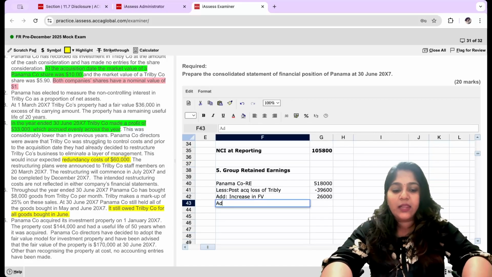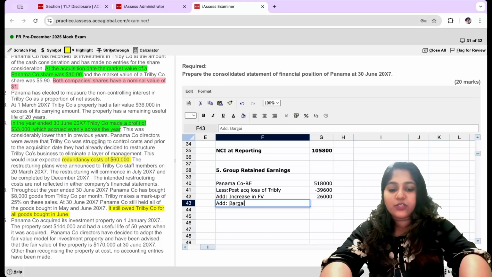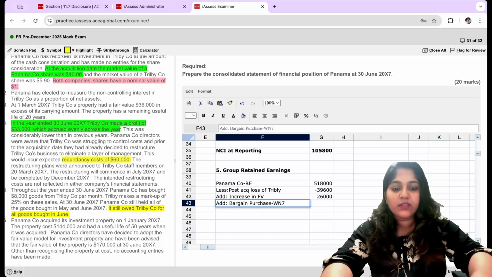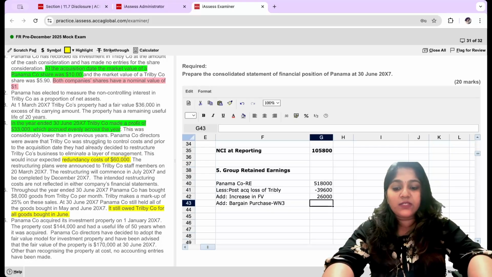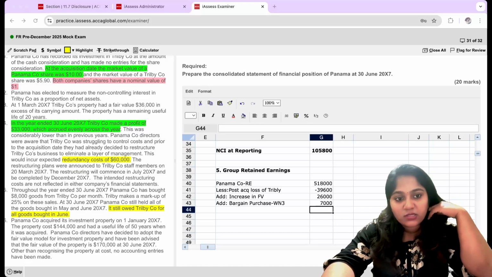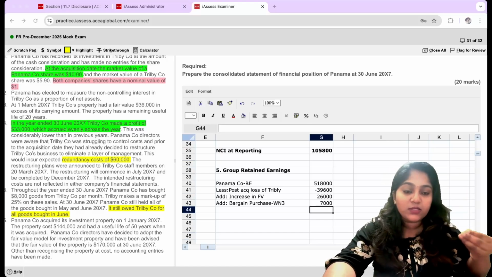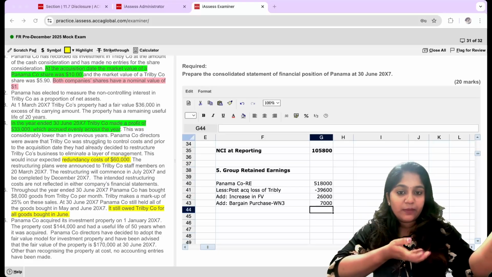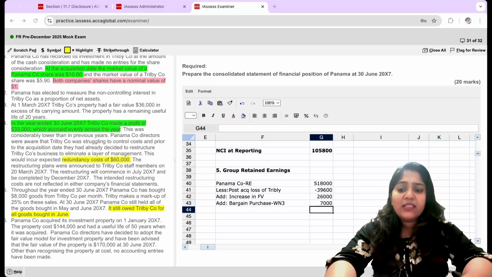Simple. And coming from bargain purchase, we have working note number 3, where we have 7,000 as profit because I purchased my subsidiary for a lesser cost than it is worth. So it is treated as my income, bargain purchase gain. Then what else do we have?